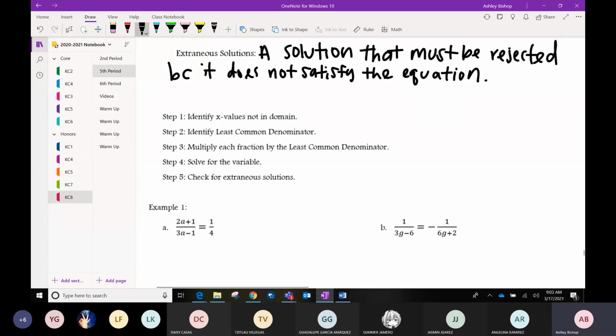Okay, what that means is when we have a problem, the denominator can never have a 0 in it. Anytime you take something and divide it by 0, you're going to get an error. So write that down. The denominator can never equal 0.